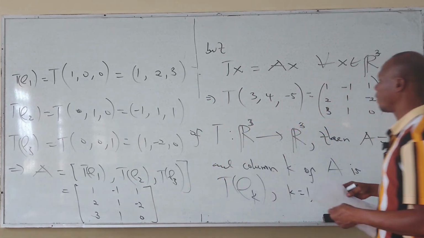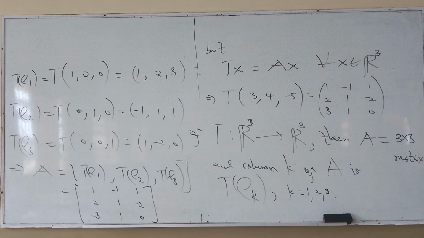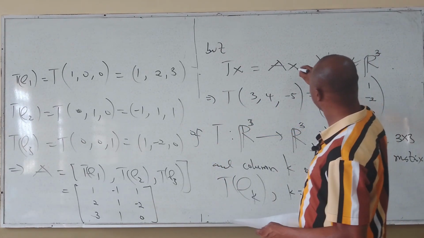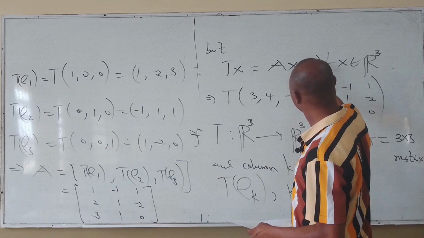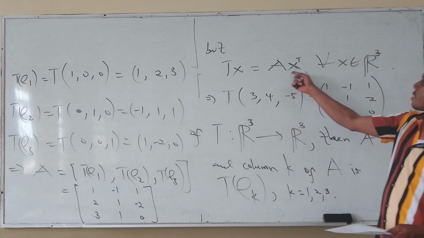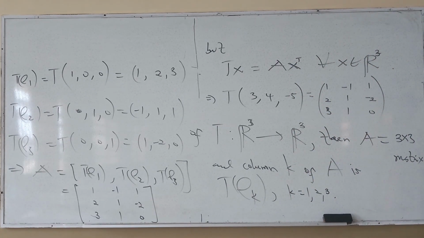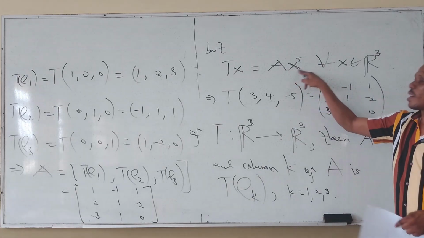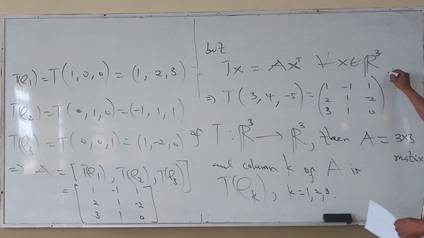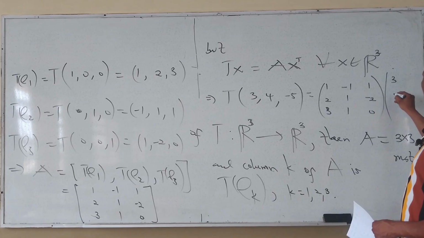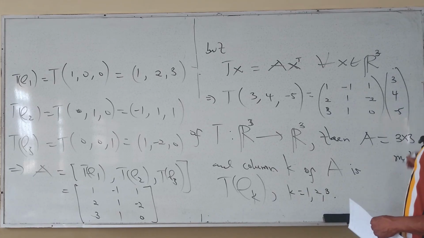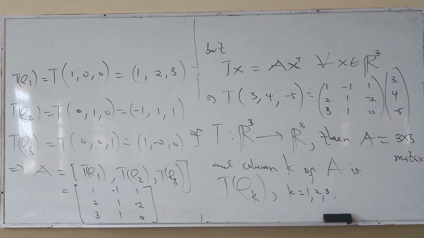Okay. So that is the transpose of (3, 4, -5), because if you don't transpose it, you can't multiply.